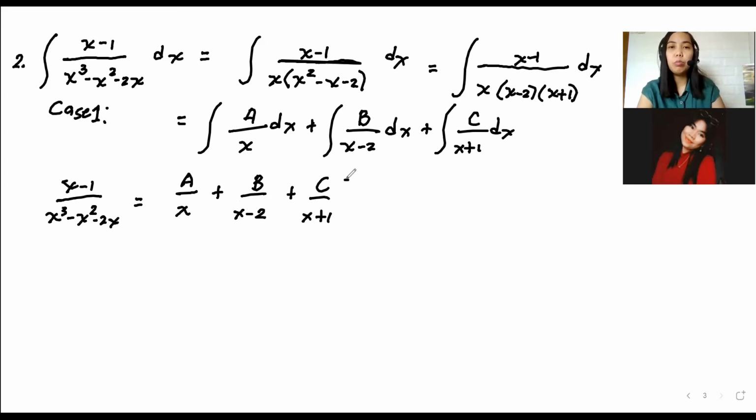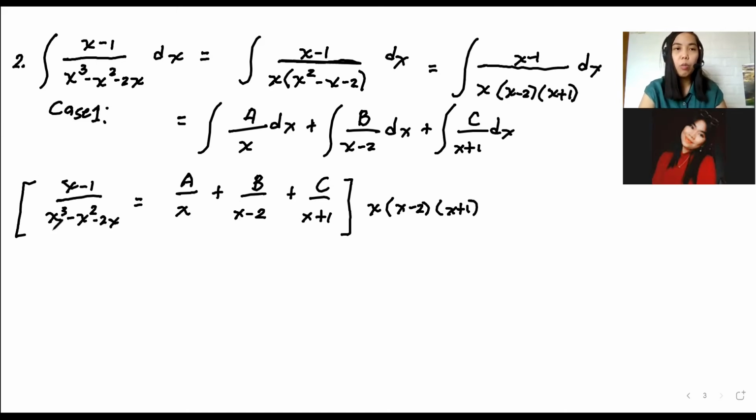Okay, so we're going to solve this rational equation. We multiply both sides by the LCD, that is x times x minus 2 times x plus 1, which is also equal to our denominator. This one divided by this, that's 1.